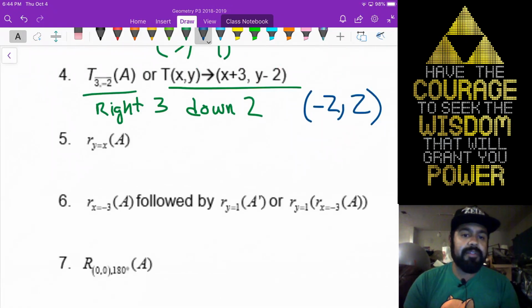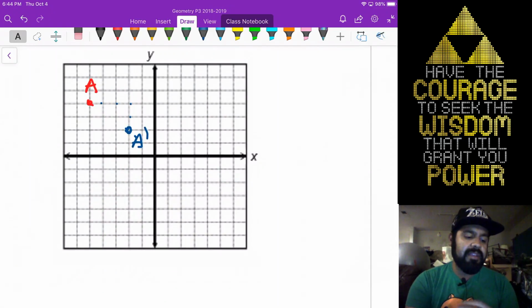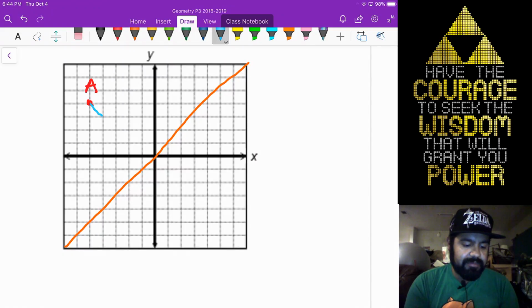A reflection over the y equals x line for the next one. Well, we have to be careful here because we can do this one of 2 ways. We could either draw in the y equals x line and then count, or we could use our formula, which is in your notes. I will talk about both methods. So y equals x, one way to do this is to count the diagonal spaces to the line. So right here I say that's 1, 2, 3, 4.5.